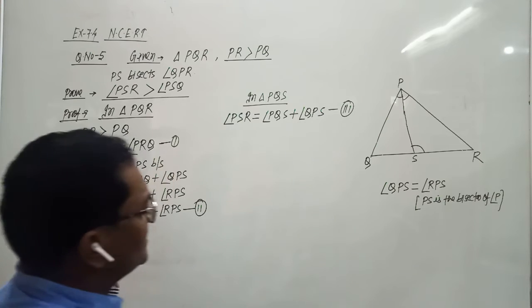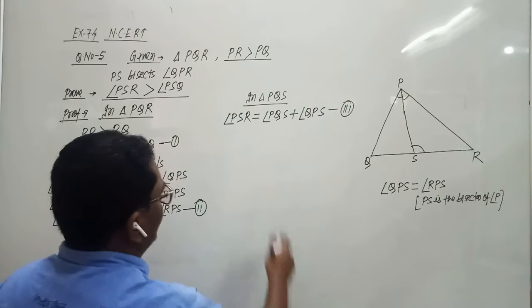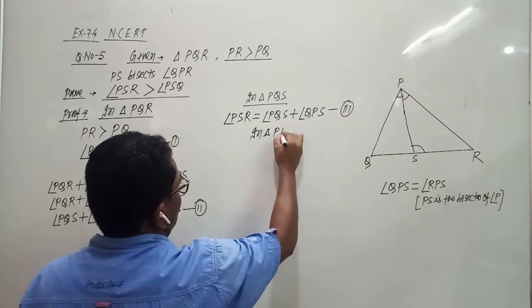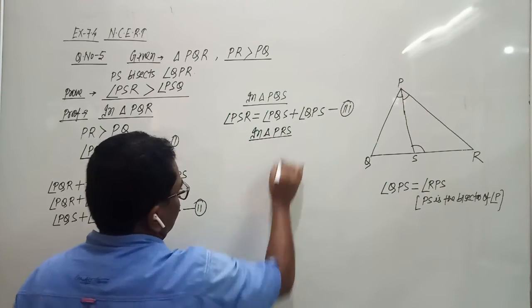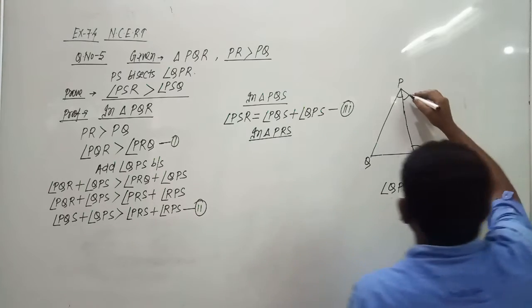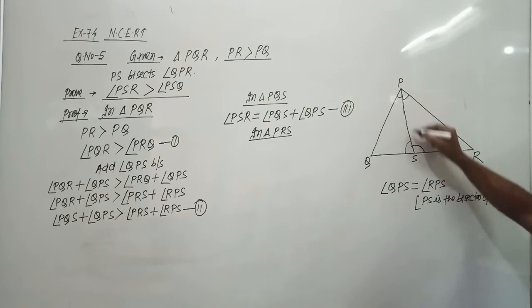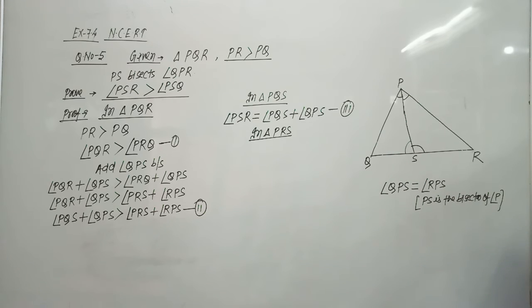And in triangle PRS, angle PSQ is the exterior angle.